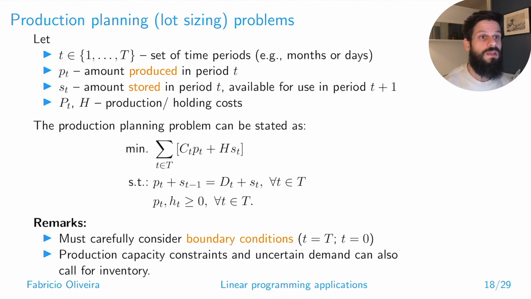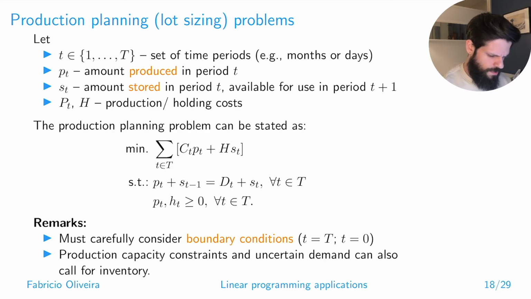You start making Christmas products like decorations much earlier, and you accumulate inventory until the end of the year. Another thing that can lead to inventory is uncertain demand. When not satisfying the demand is really expensive, you might want to play safe and have more inventory than average levels of demand, because you might actually have more demand than the average.